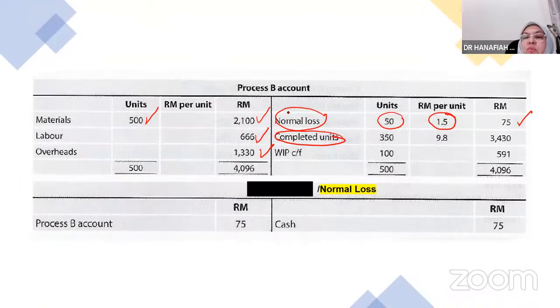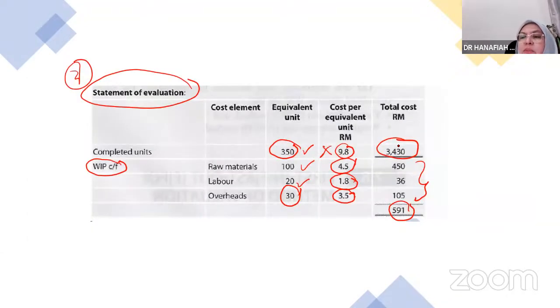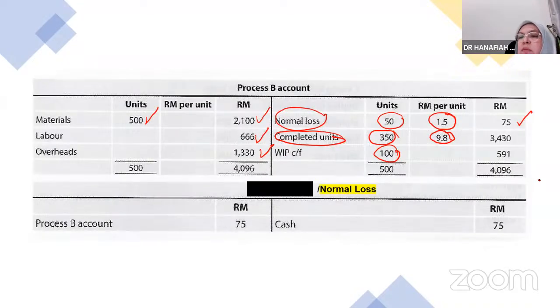So let us go to 350 here. And the total cost for completed unit is the total cost per unit just now, 980. And the work in progress is 100. Or what you can refer to, this figure and this figure should be in the process B. 340,591.